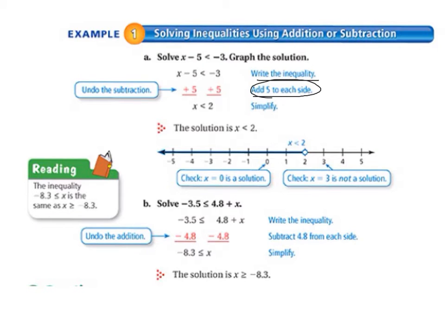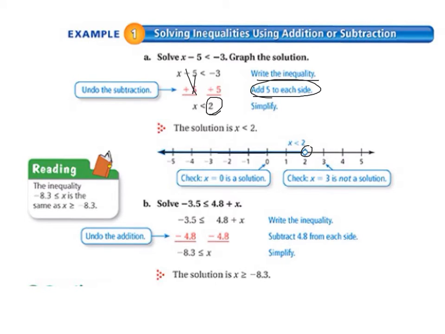When we do this, the x is by itself on the left, and negative 3 plus 5 gives us a positive 2 on the right. So that gives us x less than positive 2. When we graph that, since it's less than, we have a circle at the 2 on the number line, and then our line goes all the way to the left on the number line.